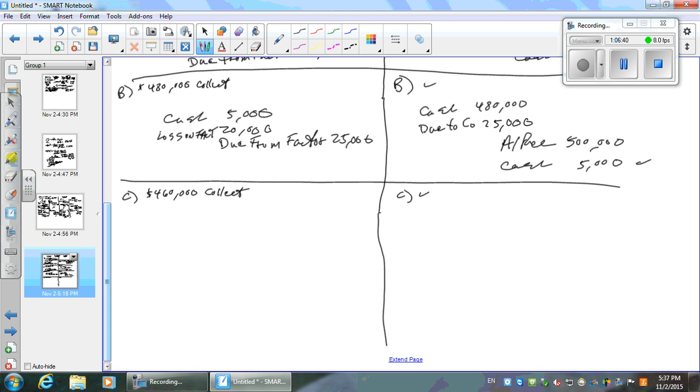But remember, this is without recourse. Okay? Without recourse. So what are they protected up to? 475. Anything after that, they got a problem, don't they? They only had a 25 reserve. Right?